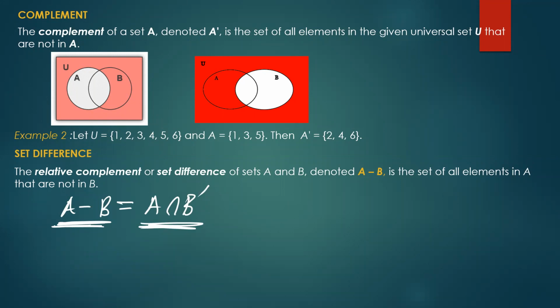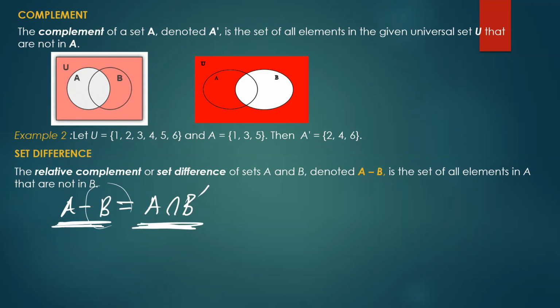So what this means is that you have to write the elements that are in A, excluding those that are in B. That's what it means. Or you simply use this format here, which is A intersection B complement. So you're going to see how we're going to solve this using examples. That is in the next session that we're going to have.